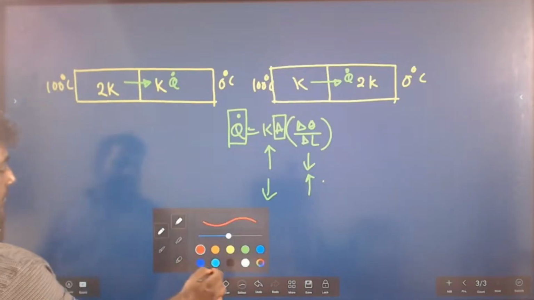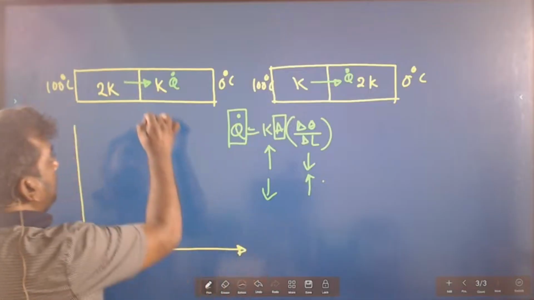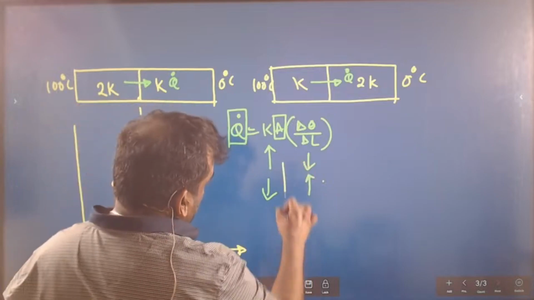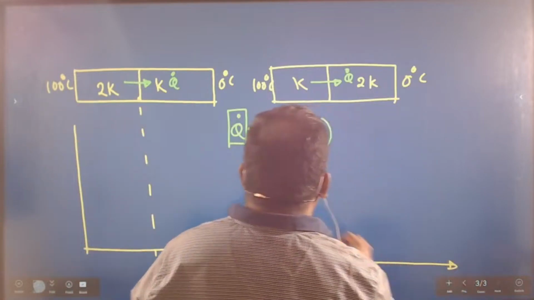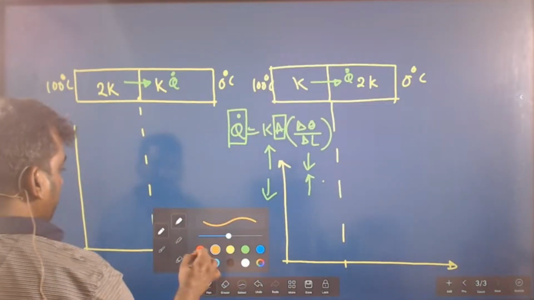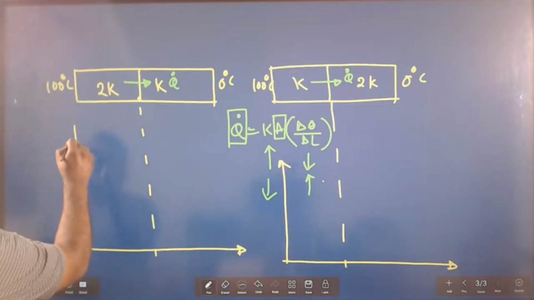Now let me draw it here. There you go. Now look at the board. Larger K means smaller temperature gradient.